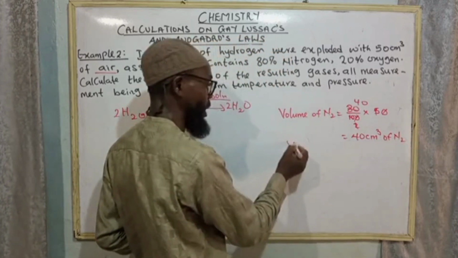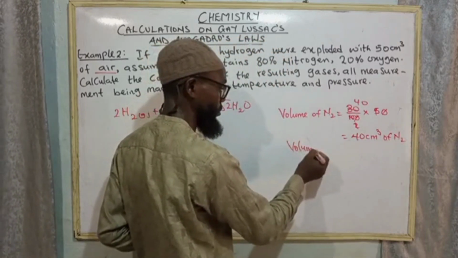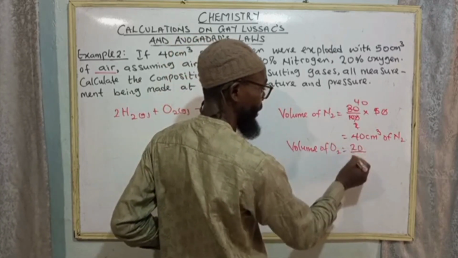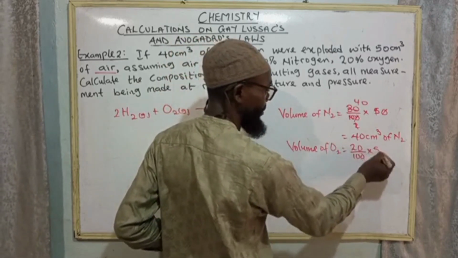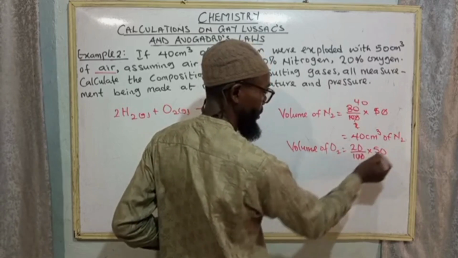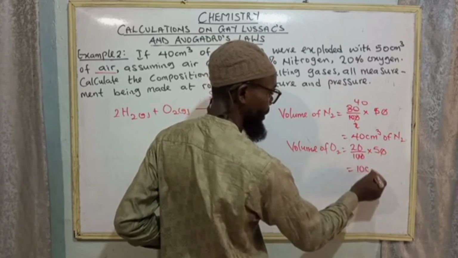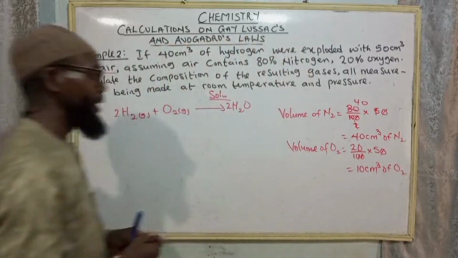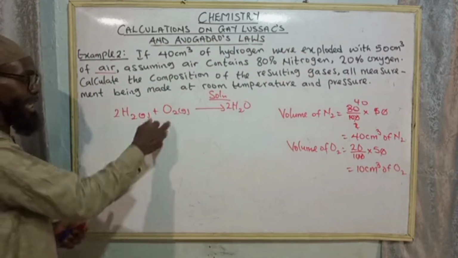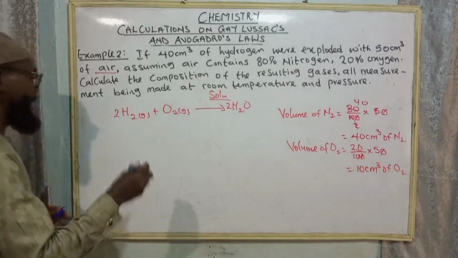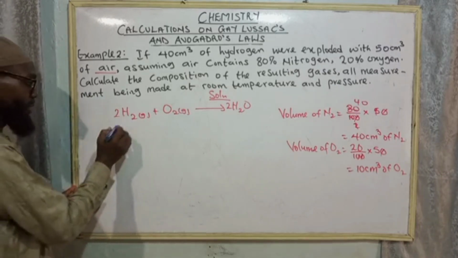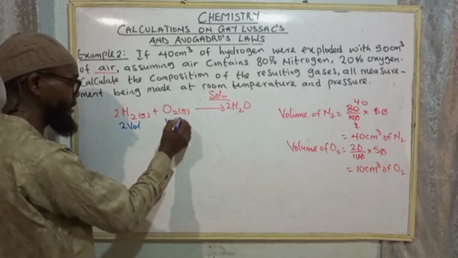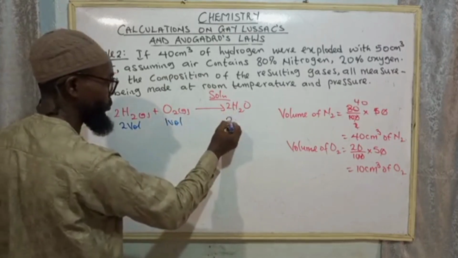Okay, volume of oxygen. That will now be 20 over 100 times 50 centimeter cube of air. So we have 10 cm cube of oxygen. Now, initially when hydrogen was exploding, in initial volume we have 2 volume here and 1 volume here.